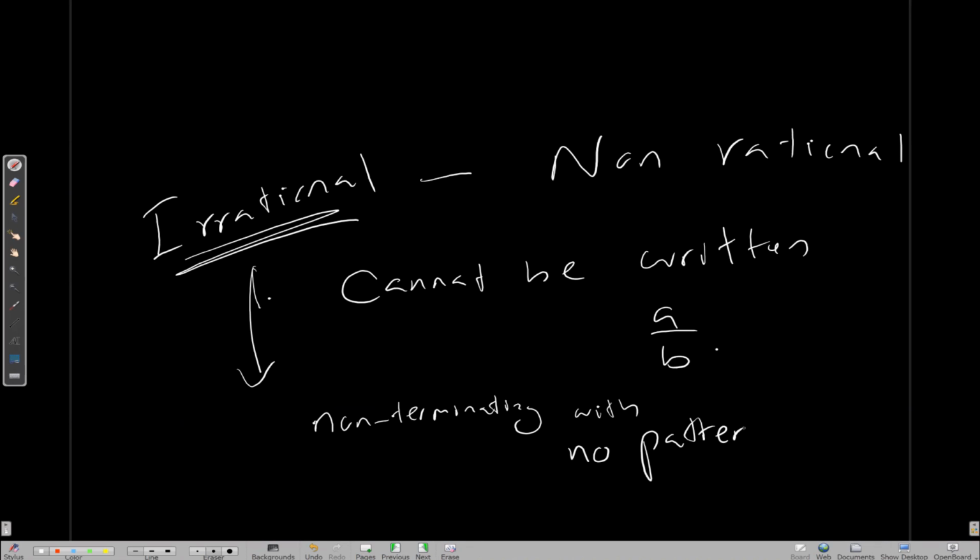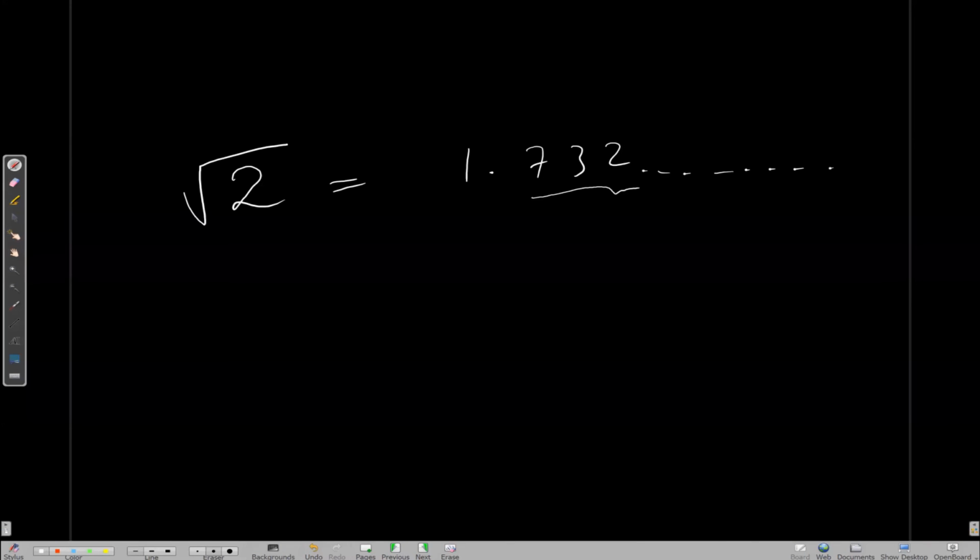Now, unless you see an example, you won't get this. So let me give you an example. Square root 2. If my memory is correct, 1.732. I'm not sure. You can use a calculator. The point is, this pattern will never repeat. So there is no pattern.